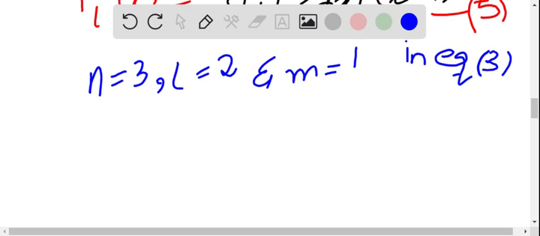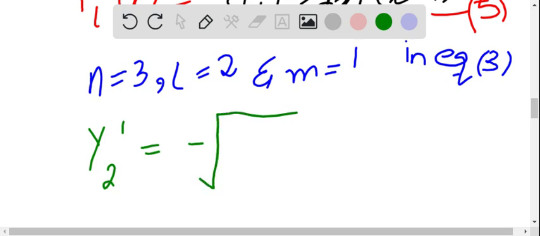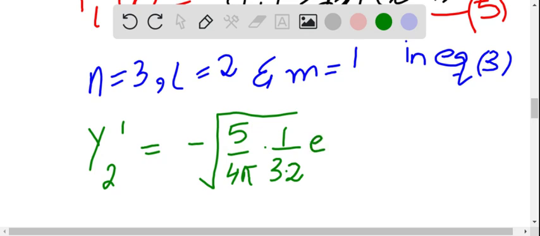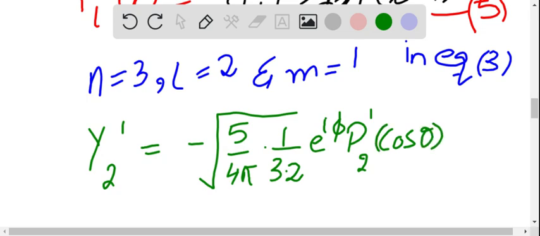So when we plug it in equation 3, y sub 2 raised to power 1 would be equal to negative under root 5 divided by 4 pi into 1 divided by 3 times 2, exponential i phi, p sub 2 1 cos theta, right?